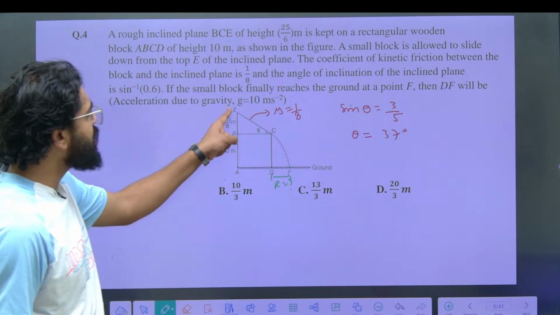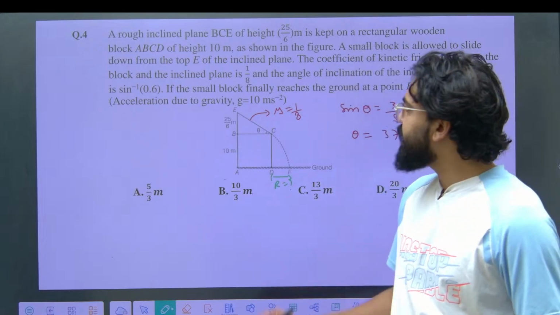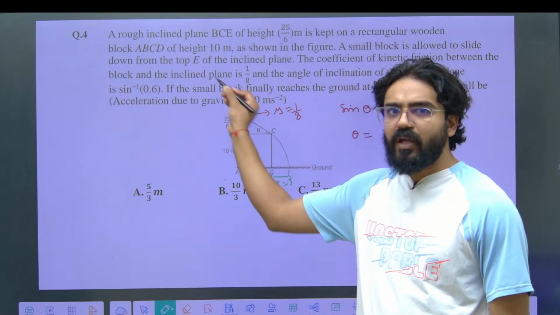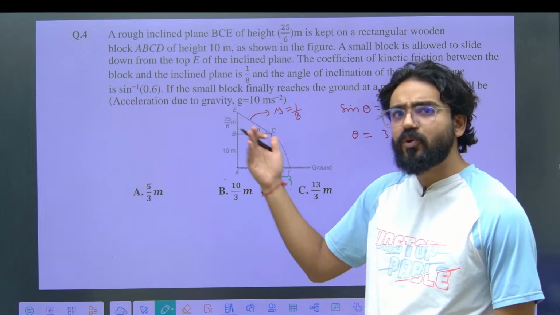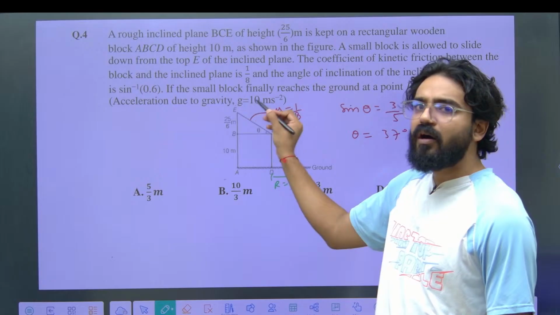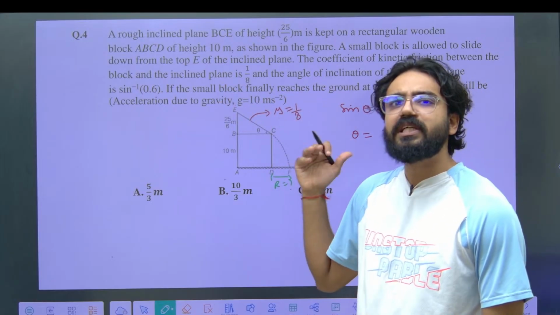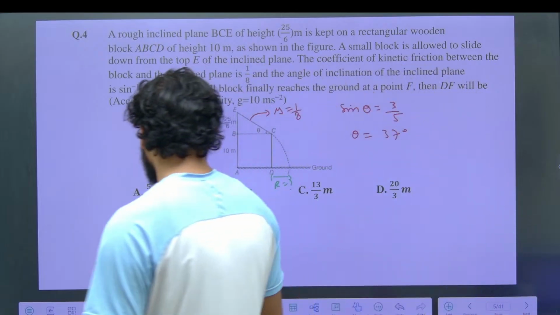When it slides down, g sine theta is the acceleration downwards, but acceleration due to friction will also be there, which will try to stop it. Do we know that on a rough incline, when an object slides down, the acceleration is g sine theta minus mu g cos theta? Yes, correct.